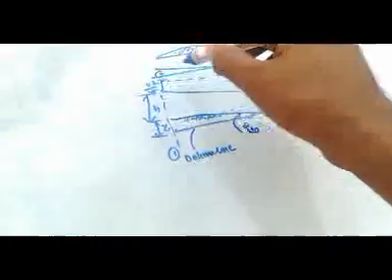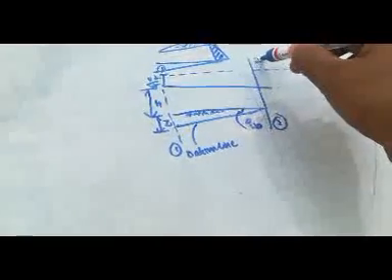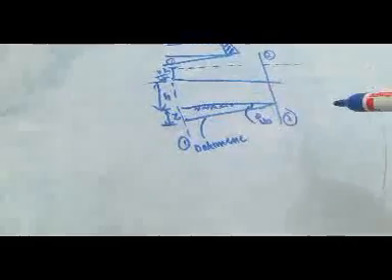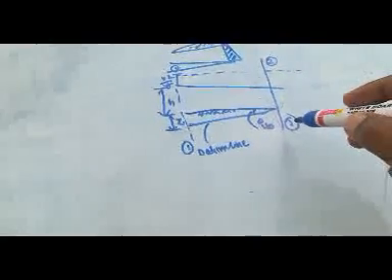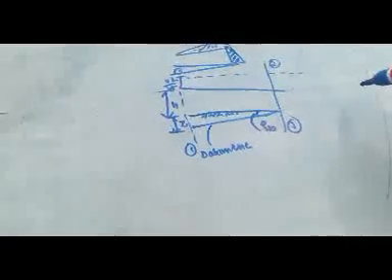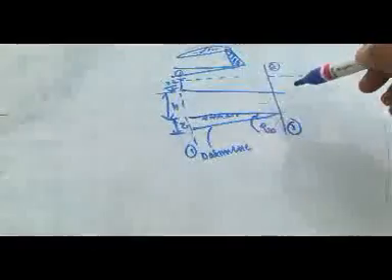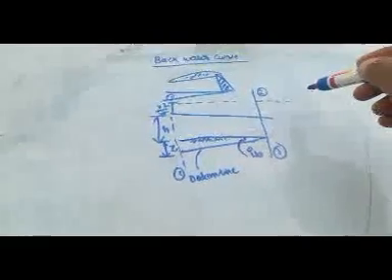This one is section 1-1. This one is section 2-2. The equation we understand is Bernoulli's equation. Applying Bernoulli's equation here, H is equal to pressure height. Pressure height means water height. That is the same.